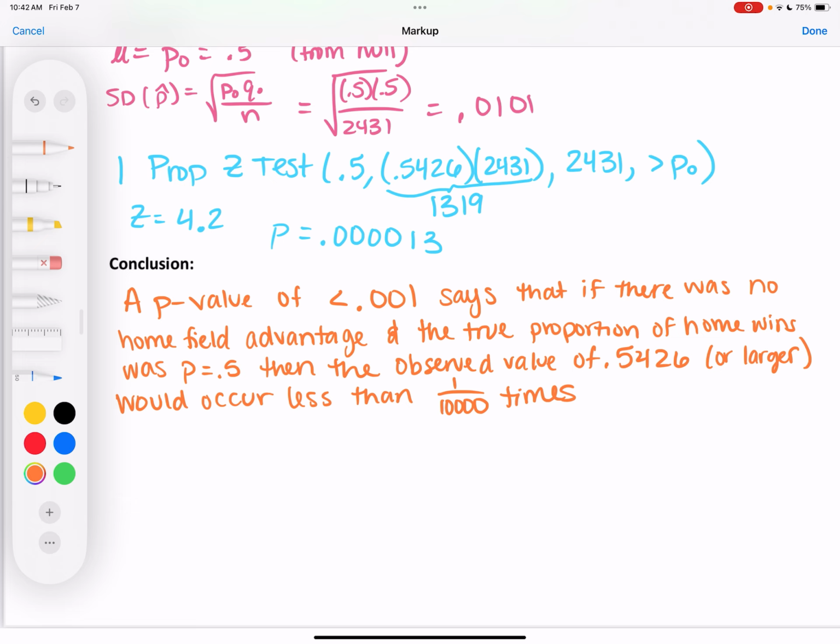And I really probably should actually use the p-value here that I got, the 0.0001.